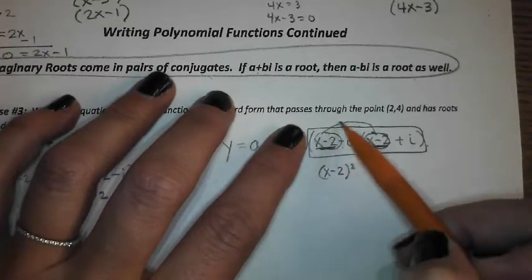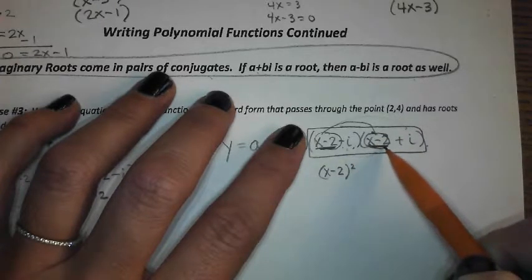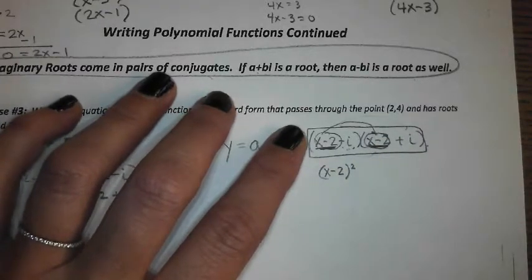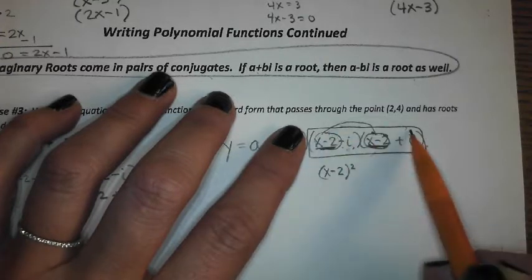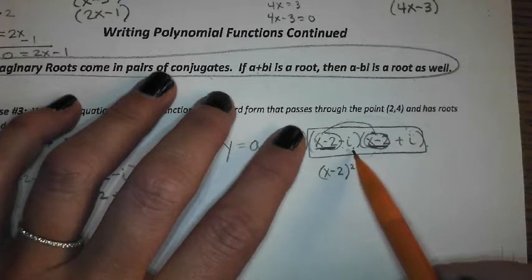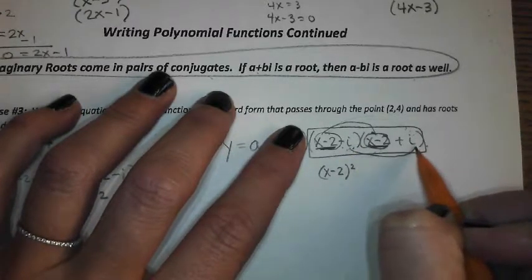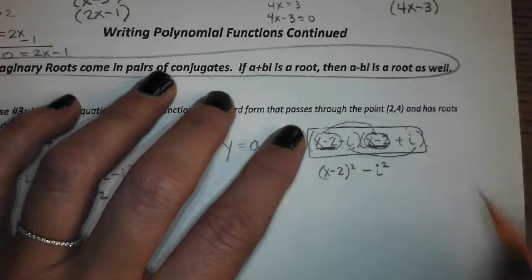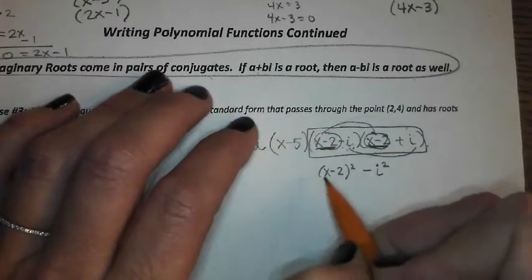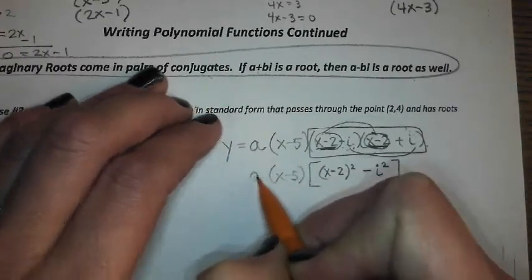Your outer x minus 2 times positive i and your inner x minus 2 times negative i are going to completely cancel, which is nice, right? You have the x minus 2 times the positive i, and the x minus 2 times the negative i, which are going to cancel. And so then your only other term is your last times your last in foiling. Negative i times positive i is negative i squared. I'll put that in brackets. Your x minus 5 is still there. Your a is still there.